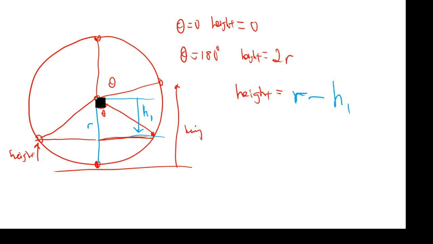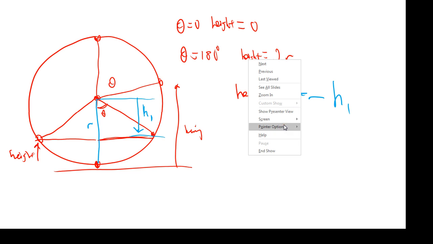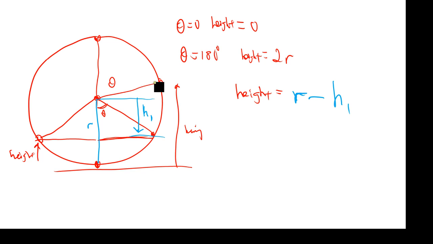When this thing swings to the next position, let me use green now, this position, the height must still be R plus H1. So you see your H1 value sometimes must be positive, sometimes must be negative. So that's my first step.